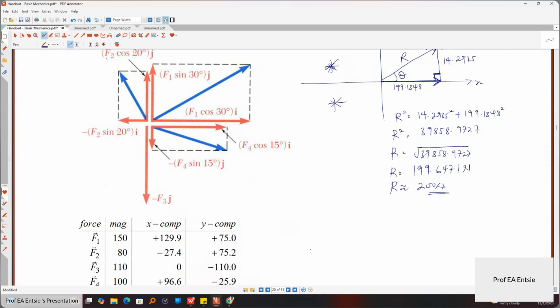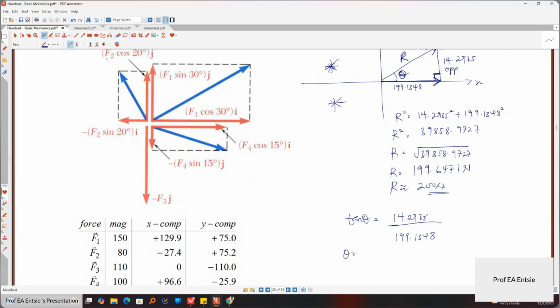So now we find the angle. How do you find the angle? Here is opposite because we are interested in this angle. Here is adjacent. The resultant is the hypotenuse. So now let's use the tan. That will be simpler. So tan theta is opposite 14.2935 over adjacent, which is 199.1348.